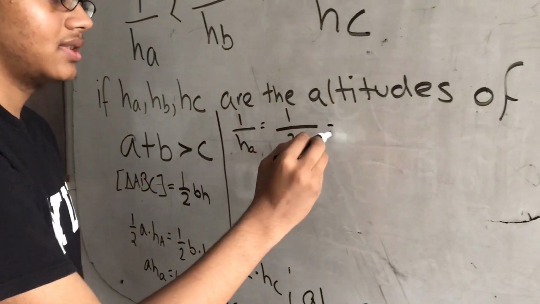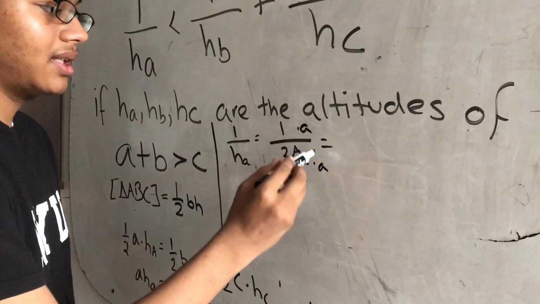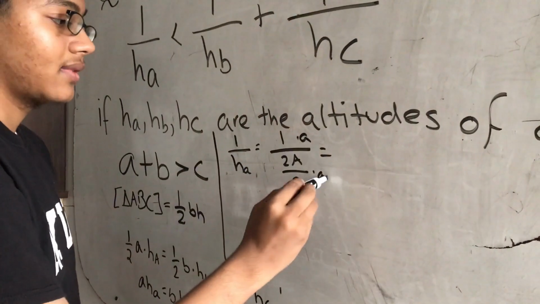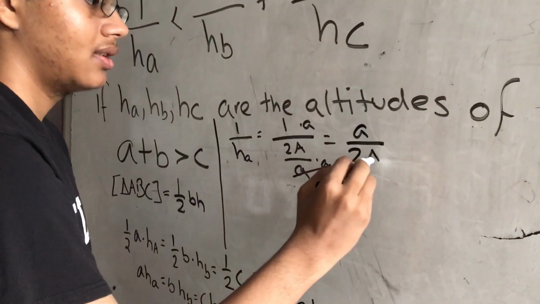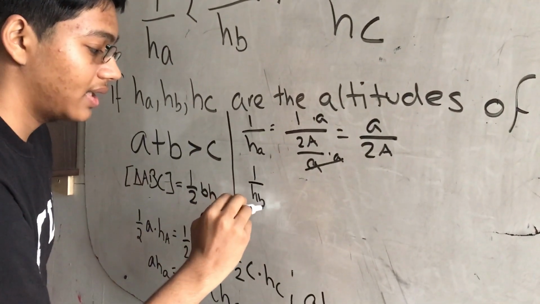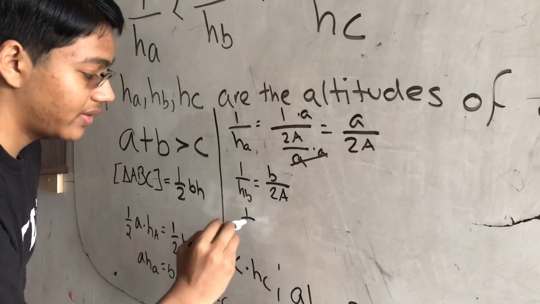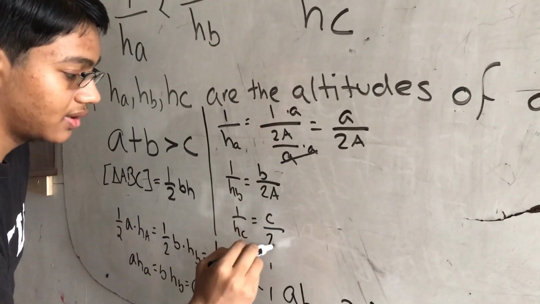Of course you should know this is a complex fraction, so if I simplify it by multiplying it by a over a, I will get a over 2A. And if I do that for the other two altitudes, I will get 1 over h sub b equals b over 2A, and 1 over h sub c equals c over 2A.